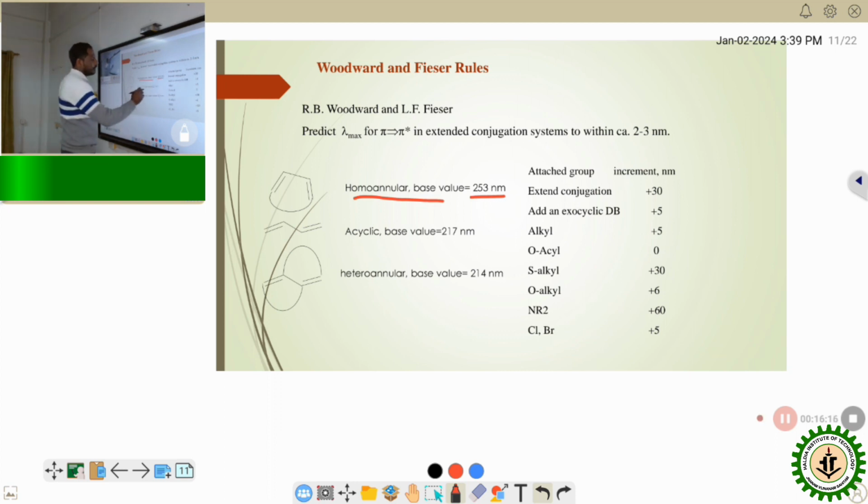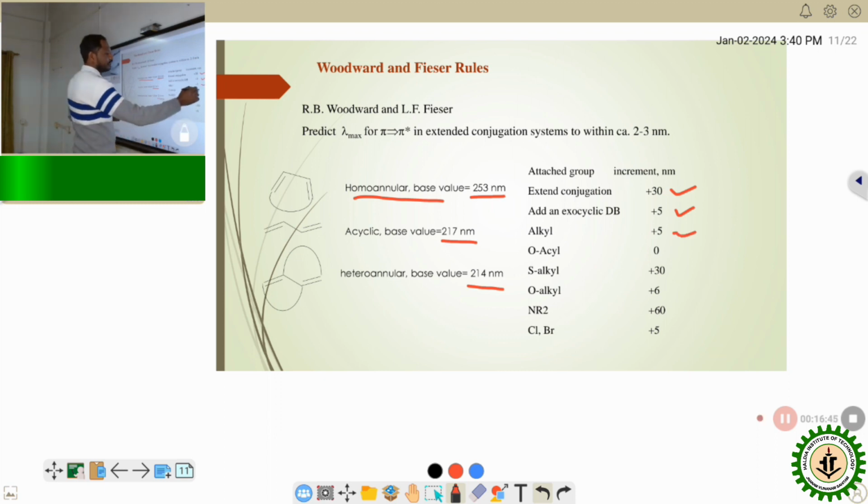For acyclic, the base value is 217 nanometer. For heteroannular diene system, the base value is 240 nanometer. For extended conjugation, you add plus 30. For exocyclic double bond, you add plus 5. For one exocyclic double bond, you add plus 5. For alkyl group, for R group, you add plus 5.